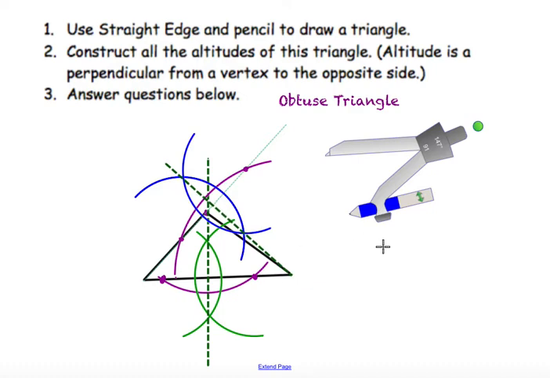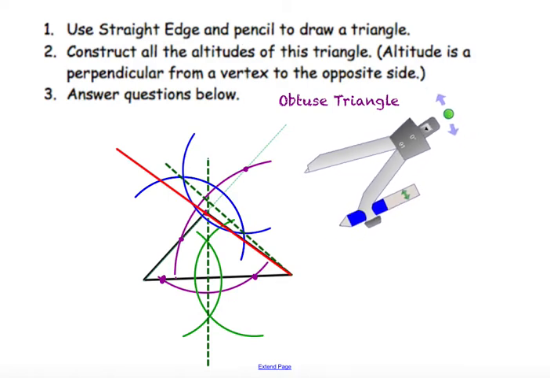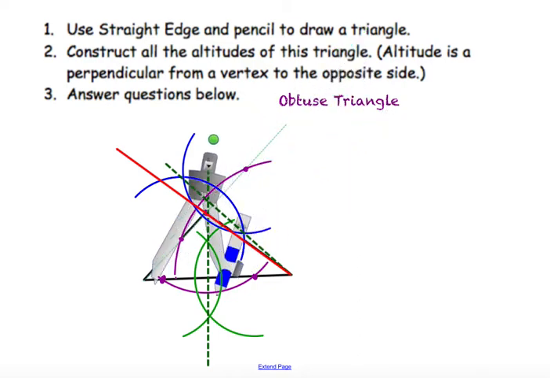There we go. And then now I need to do the other side, and so I'm going to need to extend, and I'm going to use red because I'm having trouble seeing now. I'm going to extend this other side that we haven't done yet in red, and moving my compass over to the angle that I have not used yet, which is on the left side.